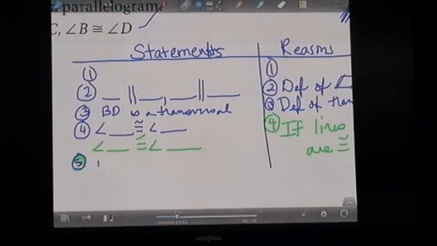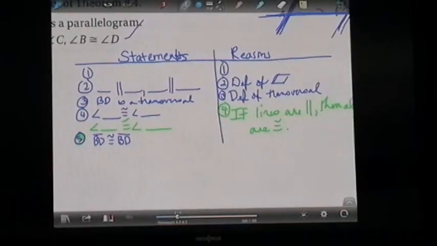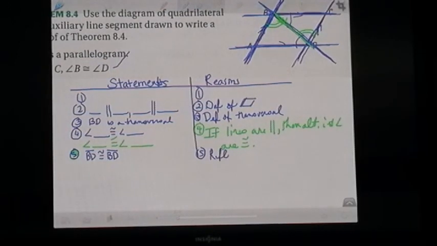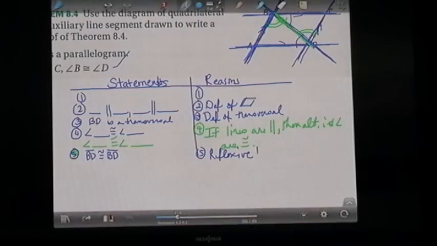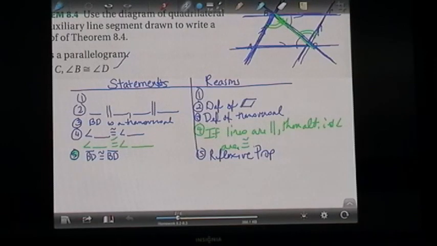Okay, and that's BD is congruent to BD. And how do you know that? Okay, this is another one of those that should be on. Actually, I think most of you know this by now. Reflexive property, that's a property.